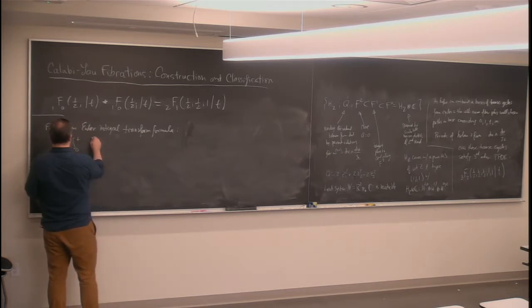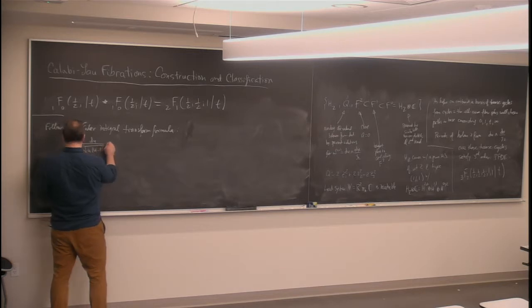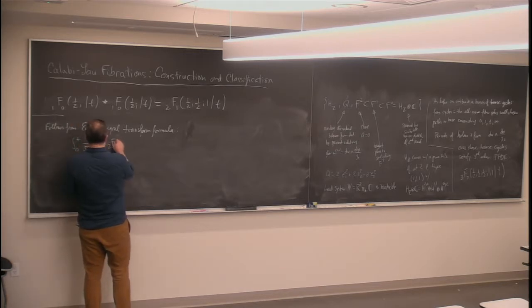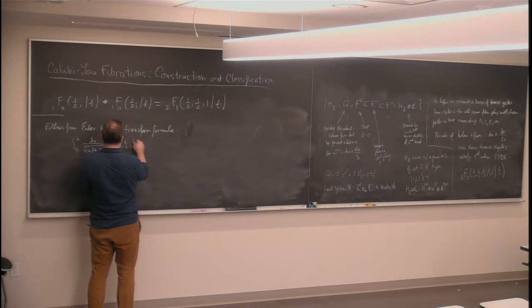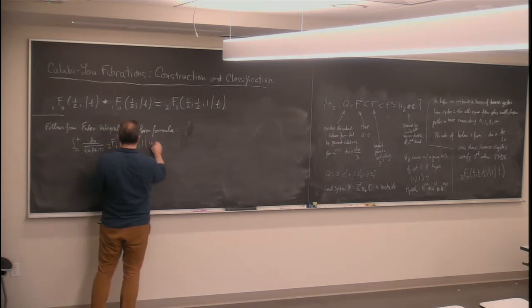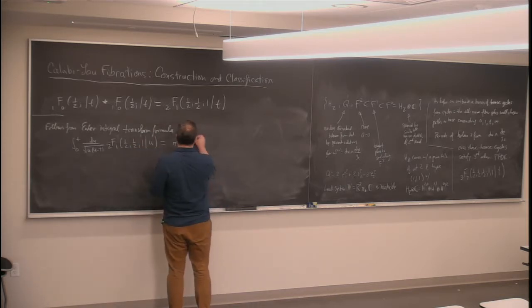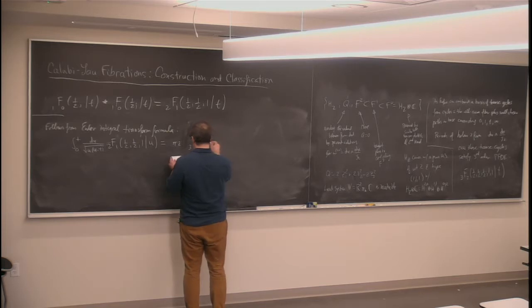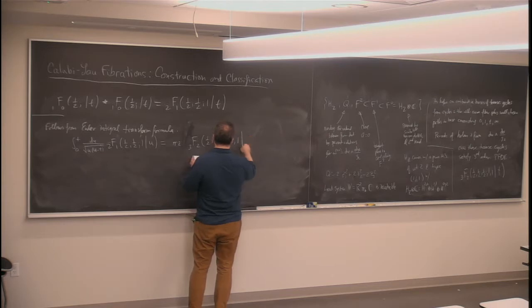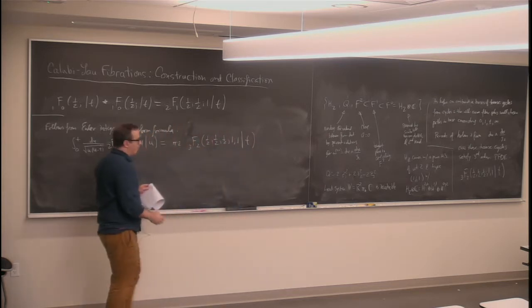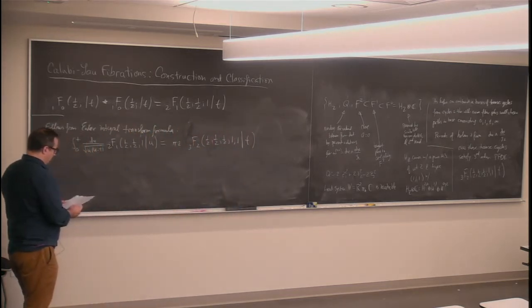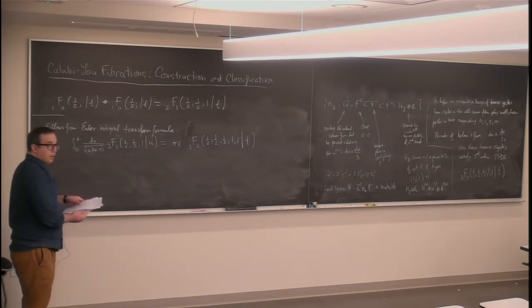Integral 0 to t du over the square root u minus t 2F1 1/2, 1/2, 1, u is pi times 3F2 1/2, 1/2, 1/2, 1, 1, t. Okay, so this is sort of a literal bootstrap from one to the next.